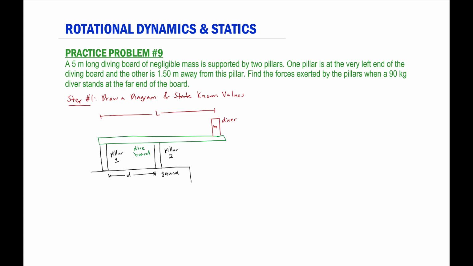Let's see what other things we should label. This is going to be a question that's related to static equilibrium. We're going to have to look at forces and torques. So if the diver was standing on the right side, it would mean that the board's axis of rotation might be over here on the far left, so we're going to call this the axis.